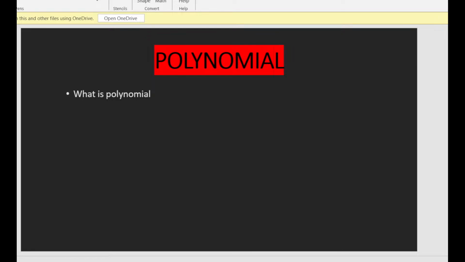Now look at polynomial. First look at what is a polynomial. It is a combination of two words, poly and nomial. One is poly, second is nomial.